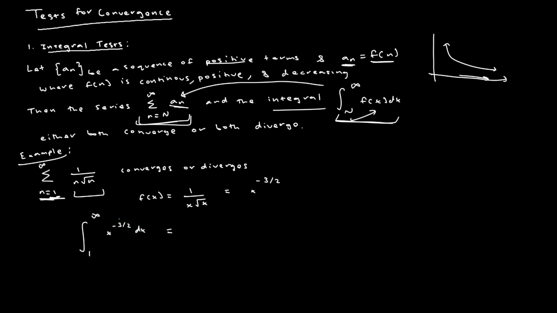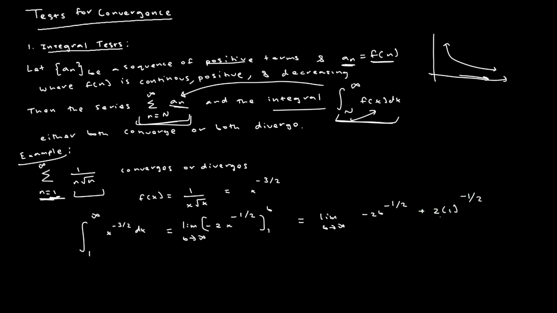If we evaluate the antiderivative, we'd simply get negative 2 times x to the power of negative 1/2, and then we want to evaluate that as the limit as b tends to infinity from 1 to b. That's the same thing as the limit as b tends to infinity of negative 2 b to the negative 1/2 plus 2 times 1 to the negative 1/2.